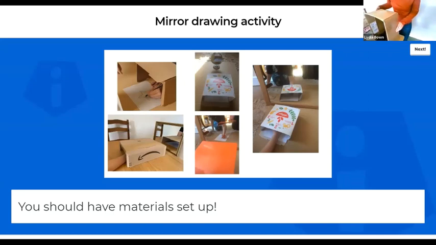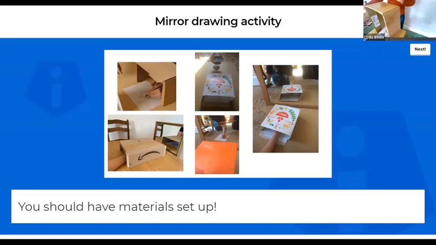You should have your box and have your picture of a star and put that somehow in your box. Again, yours might look a little bit different to mine, but you need to put it in such a way that when you put your hand in the box, you can't see your hand with your eyes, but you can see the reflection of your hand in a mirror, which I've got in front of me.